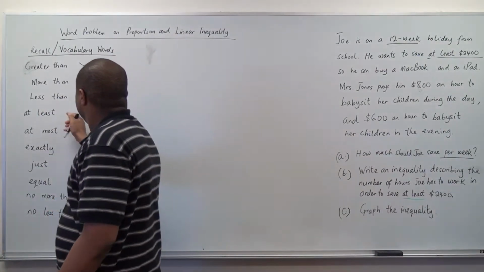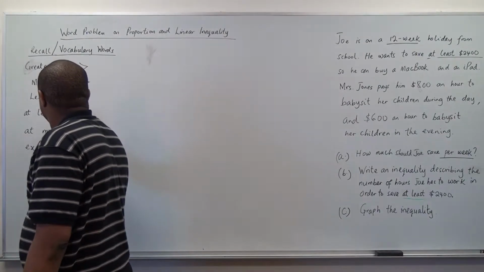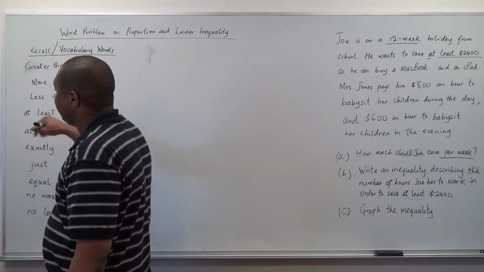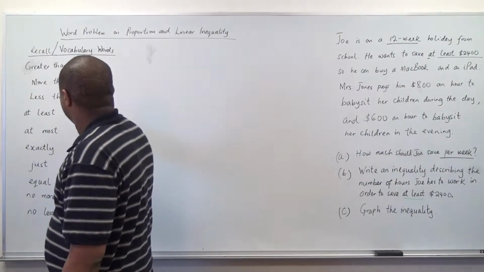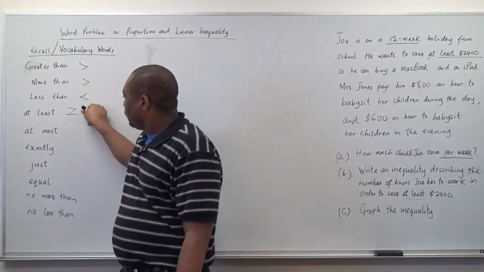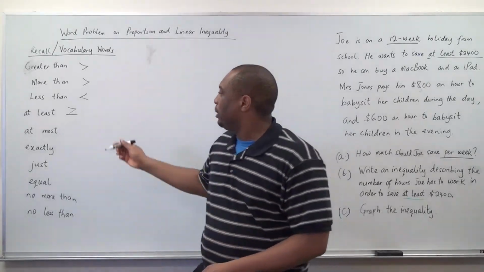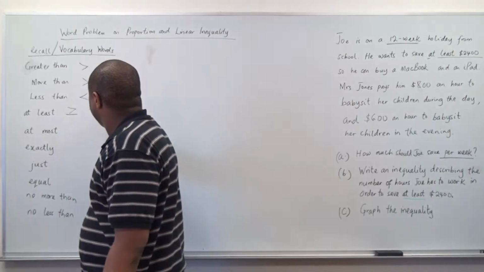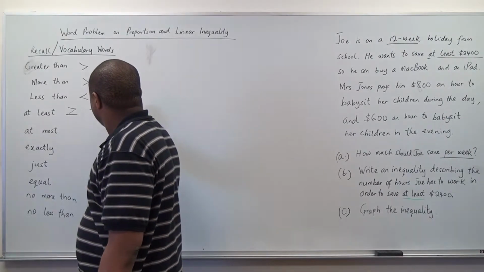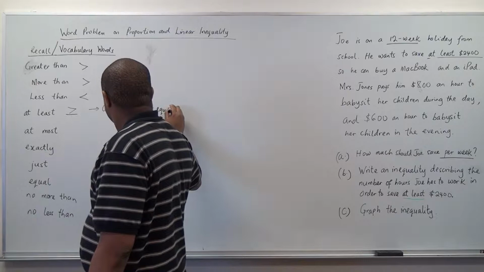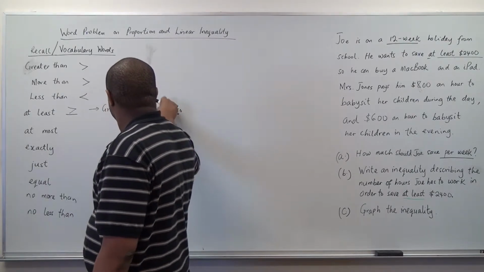Okay? So this is greater than or equal to 5. If it's at least 5 oranges, then it will be greater than or equal to 5. That is what at least means. So you can also say this to be greater than or equal to.